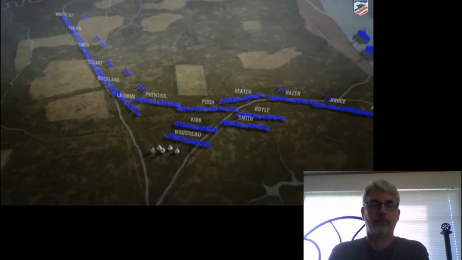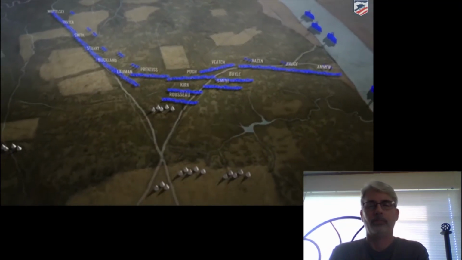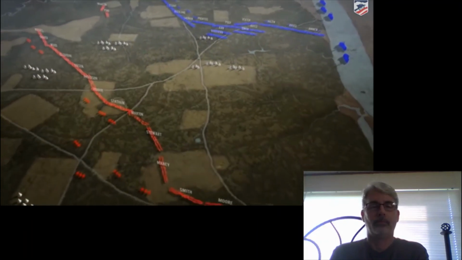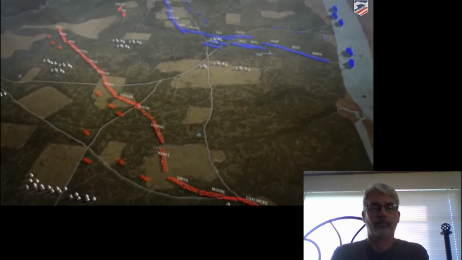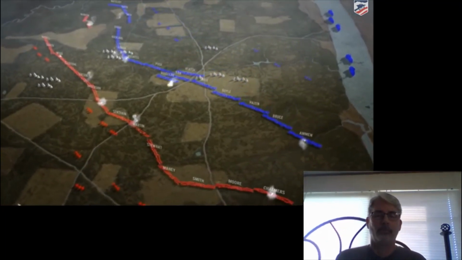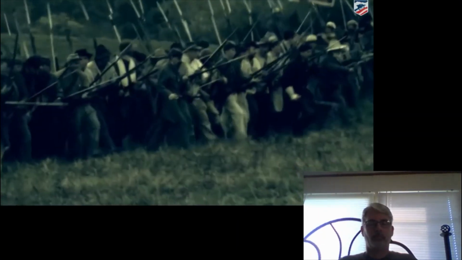By 6 a.m., Grant has 40,000 at the ready, half of which are battle fresh. The weary Confederates number around 28,000. Despite their exhaustion and disorganization, when Grant's army moves to retake the field and drive the rebels back, Beauregard eventually manages a solid defense.